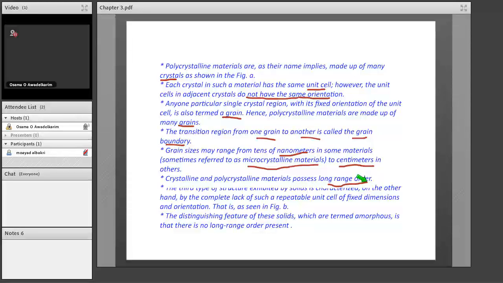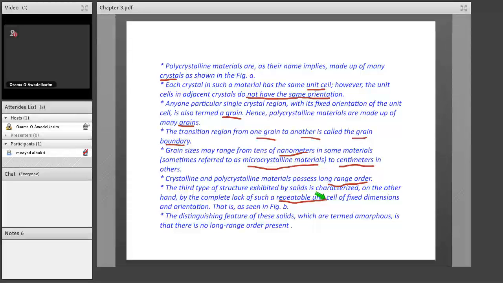The third type of structure, on the other hand, is a complete lack of such a repeatable unit cell. You cannot get a unit cell and repeat it. And therefore you cannot get a unit cell of fixed dimensions and orientation, just like we saw in the figure.